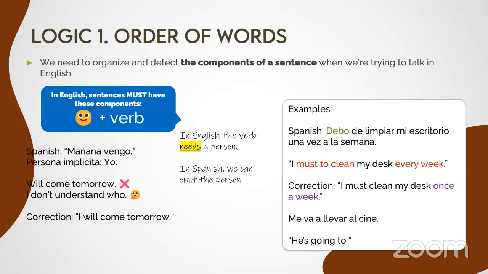I have a question. It's possible to say to take me? Correct. Precisely. I remember the song Take On Me. No, but take on me is different. My question is, is it possible to say he's going to take me?